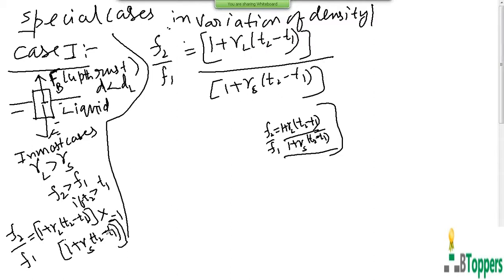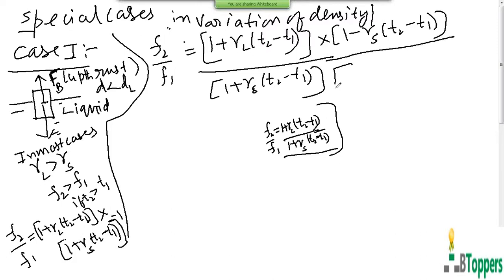So you can use the binomial approximation here, or you can multiply numerator and denominator with 1 minus gamma for solid into T2 minus T1.